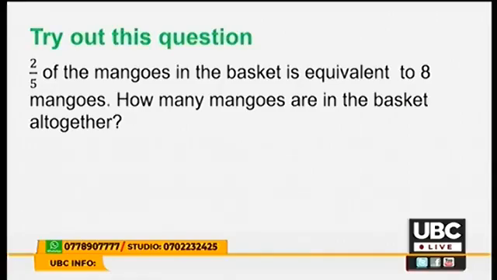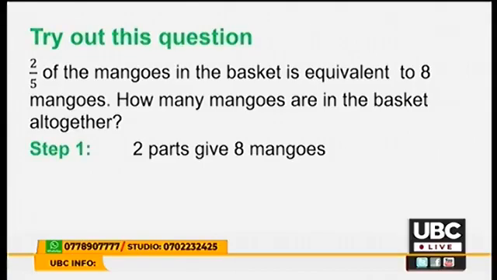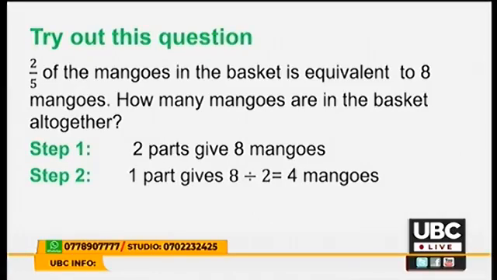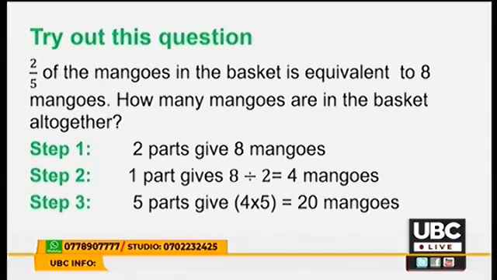Let's now go back to the question. So let's look at the steps that we shall carry out. Step 1, we shall indicate that the 2 parts give 8 mangoes. Then step 2, one part will give you 8 mangoes divided by 2, like we have done on our sheet of paper. And we shall get 4 mangoes for every part. And step 3, we are going to multiply 5 parts by 4.